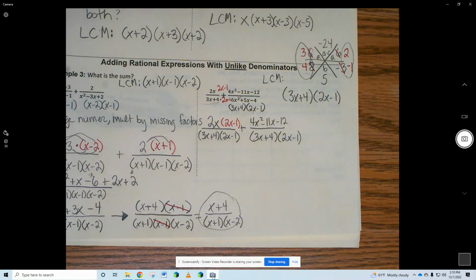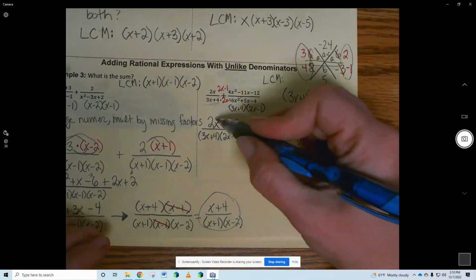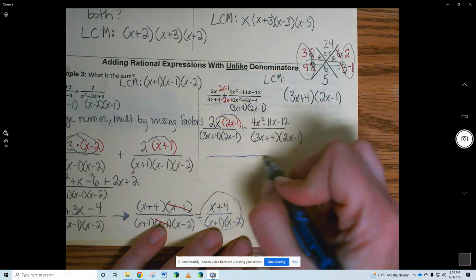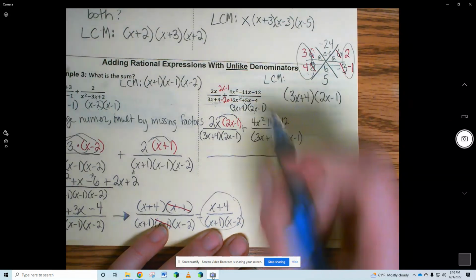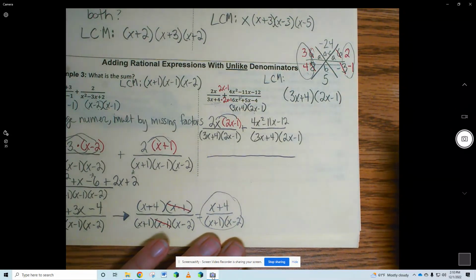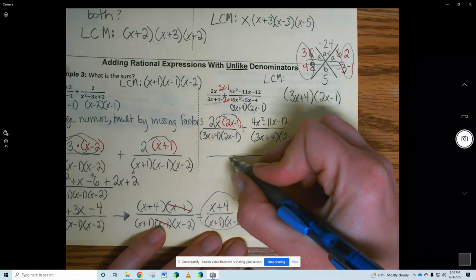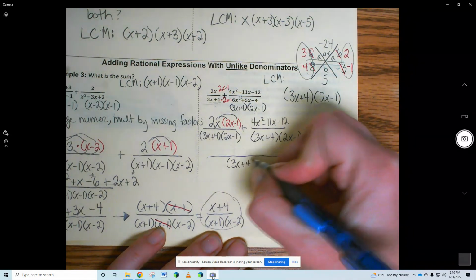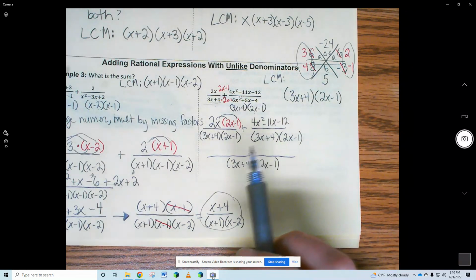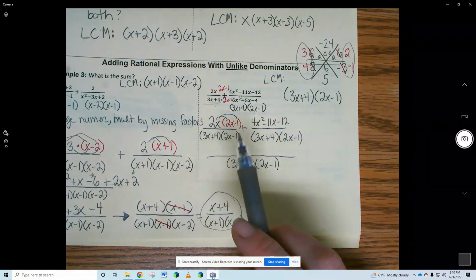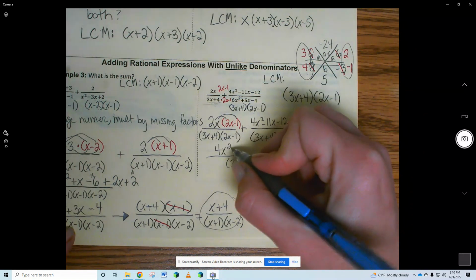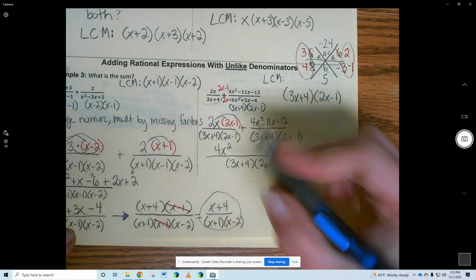Okay. So I think that you can distribute like this now. And we're going to add addition sign. So the denominator stays the same. 3x plus 4, 2x minus 1. Distribute the top. 2x times 2x. And then 2x times negative 1.